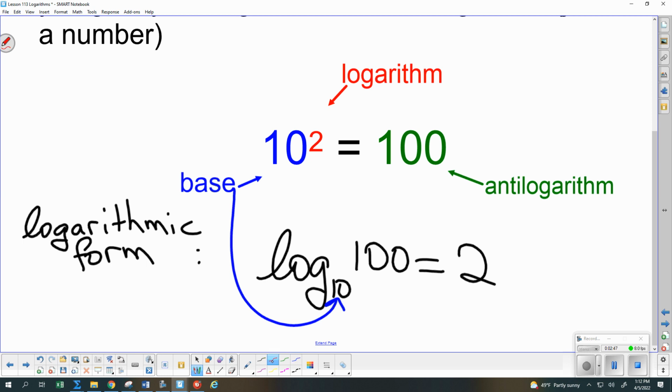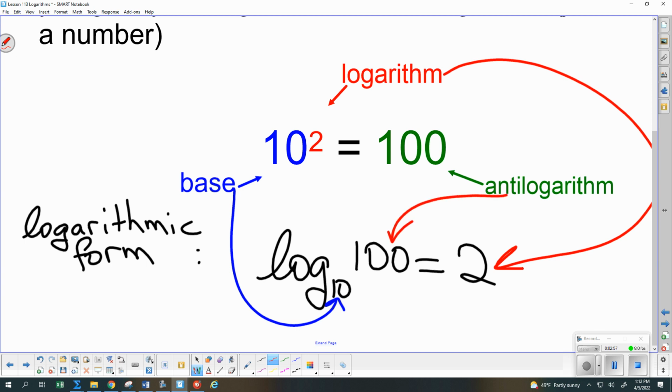My logarithm is my exponent, and this says log equals 2, so 2 is the logarithm. And yes, I could say 100 is the antilog, but the word we will usually use when it is log base 10 of something is argument.